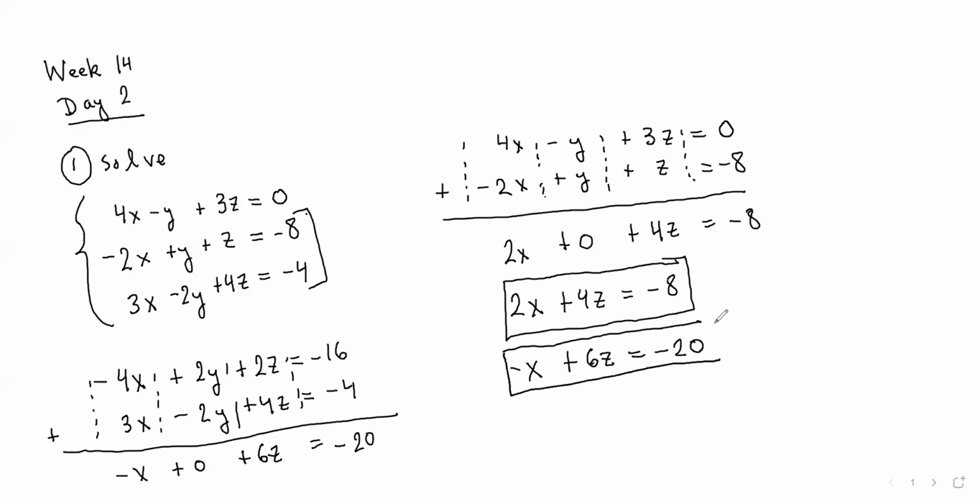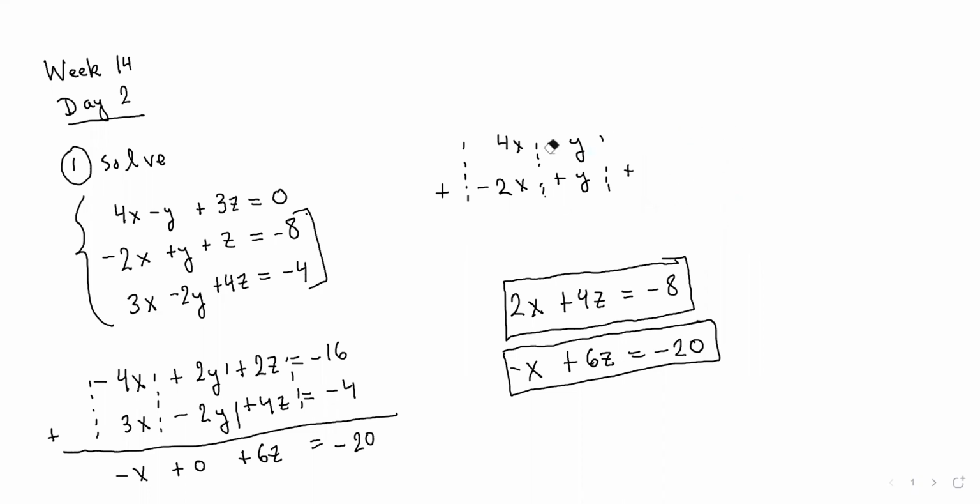I'm going to erase some stuff here so we can make more room to work with these equations. Now what we've done is made two equations of just x and z instead. Now we know how to solve systems of two equations. Remember, we eliminate one of the variables, then solve for the other.